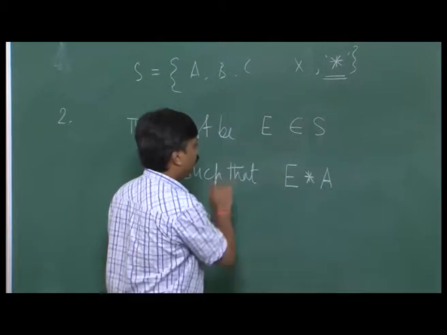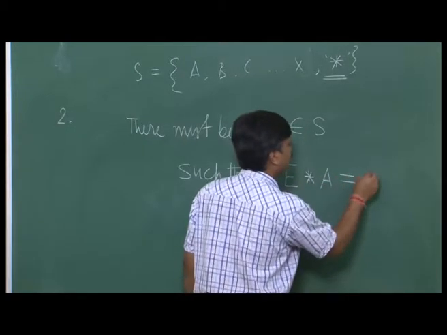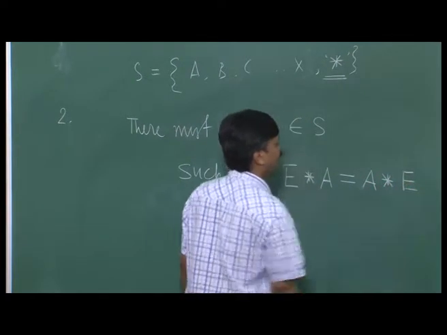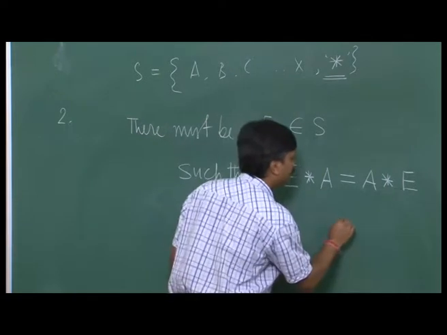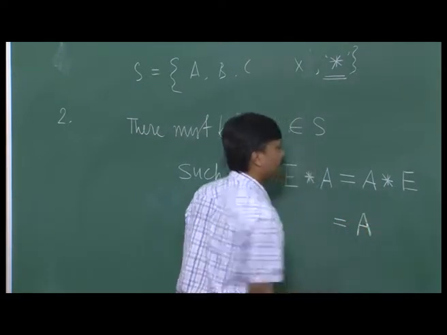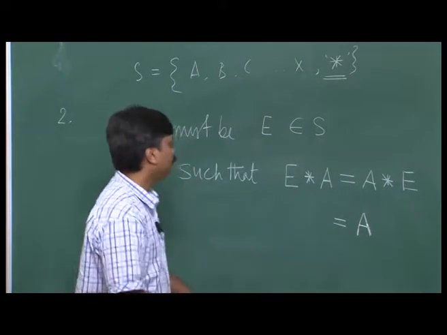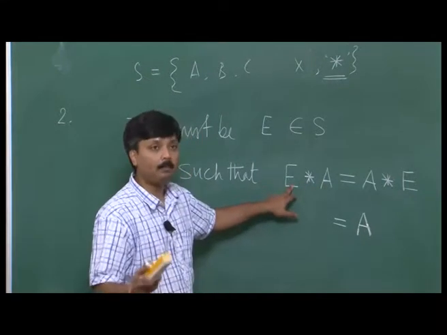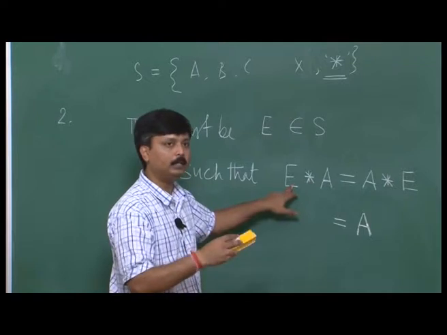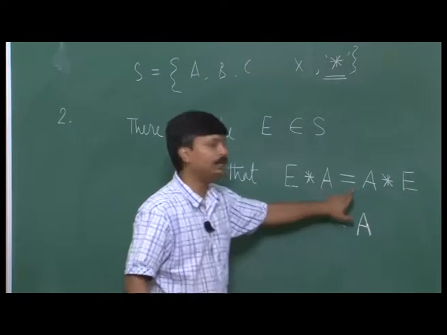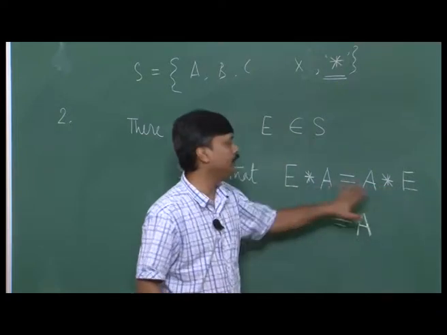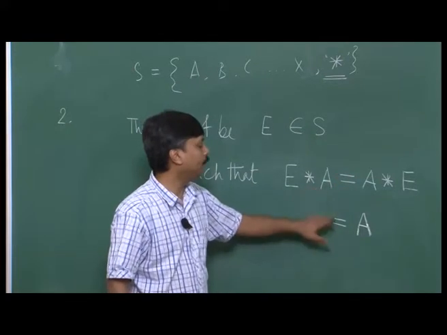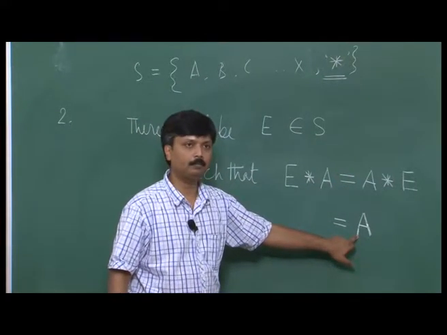Then it should be the same as A star E, which is nothing but equal to A. So it says that E commutes with A. Commute means it does not matter the order of combination, whether it is E star A or A star E. The only difference is the order of combination, so the order does not matter, and it ends up giving back the element itself.